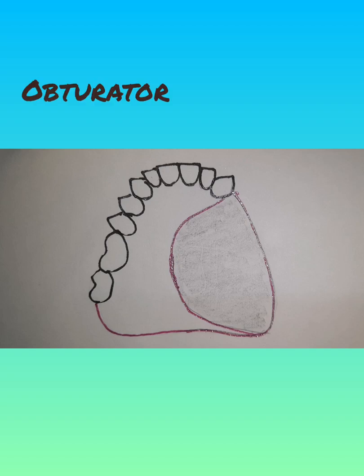By definition, an obturator is a maxillofacial prosthesis used to close a congenital or acquired tissue opening, primarily of the hard palate and/or contiguous alveolar or soft tissue structures. This is the definition according to the Glossary of Prosthodontic Terms. Obturator is derived from a Latin verb, obturare, which means to close or shut off.